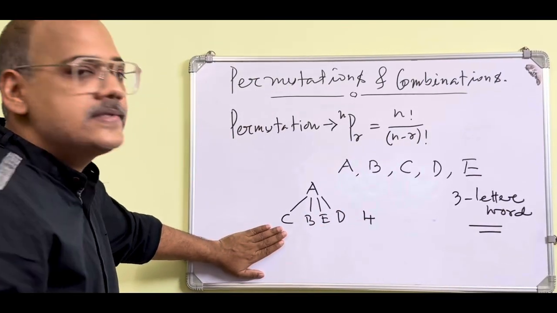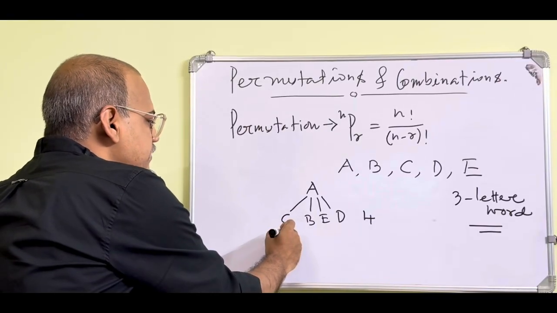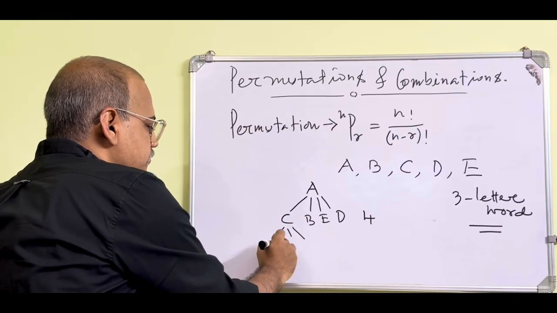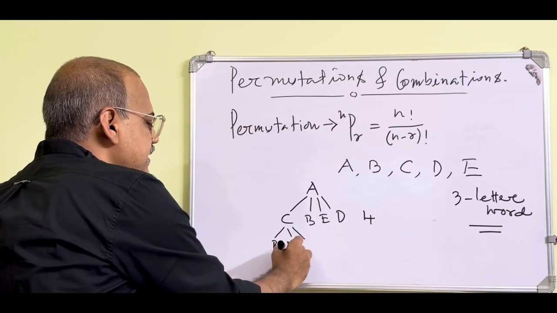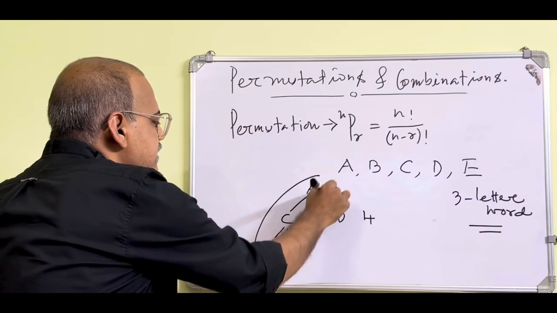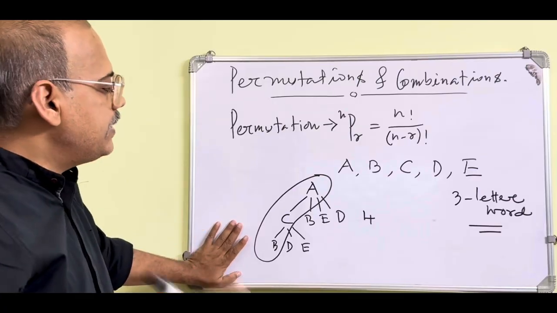Now, let's say for the second position I'm selecting C. Then the third position can be filled in three different ways. It could be B, let's say B and E. So my three-letter word is formed. This is just one of the words.